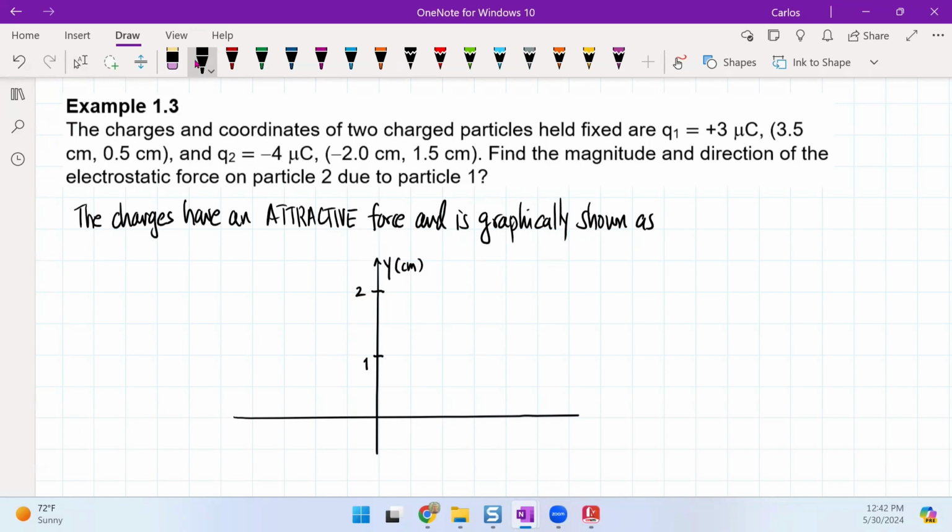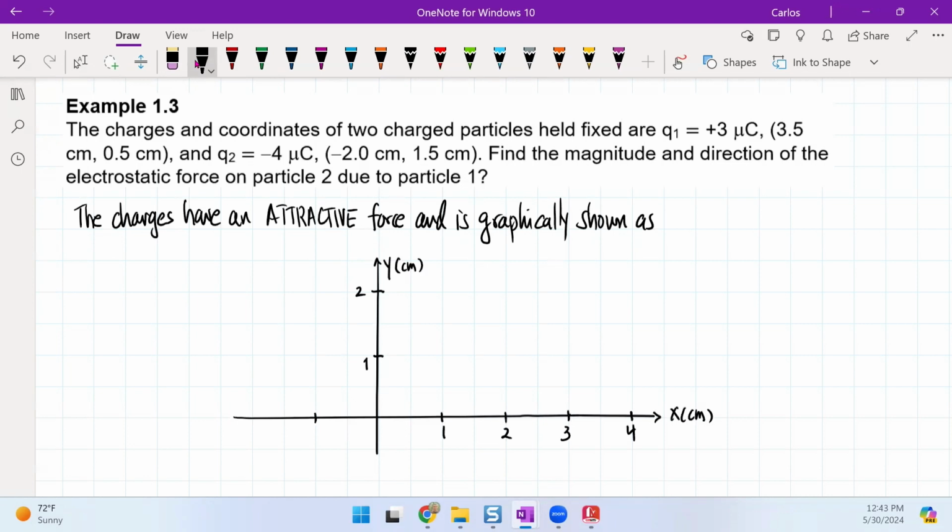And then x here, I'm going to do the same thing. 2, 3. I'm going to have to extend this a little bit more. Well, this is not straight, but it'll be good enough. And then we're going to do 4 here. And this will be units of x in centimeters.